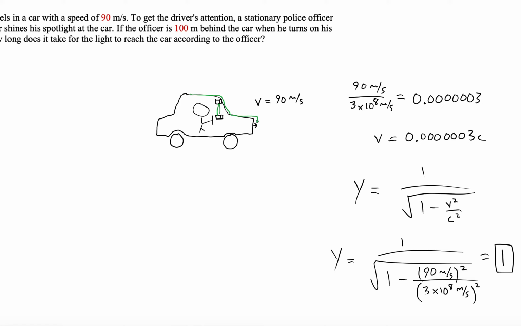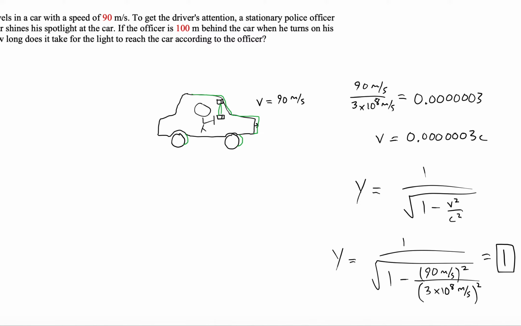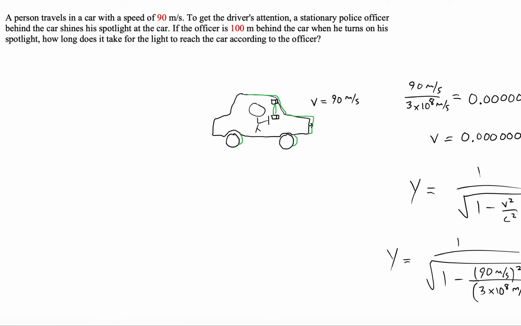So the car might be located here by the time this whole process is over. Okay, so here's the officer, shines the spotlight at the car, and the light gets there so fast that the car hasn't even significantly moved.